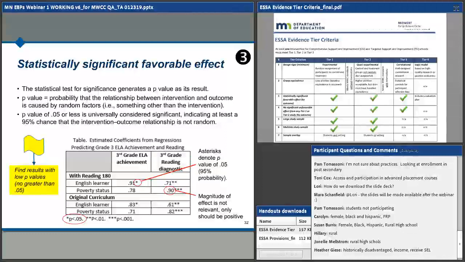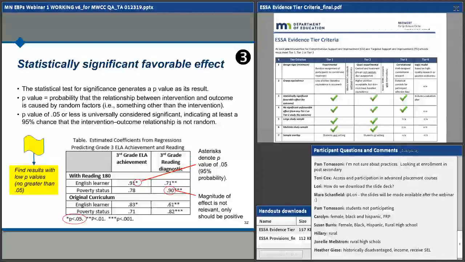So when you see multiple asterisks, you know that you're increasing in statistical significance. So looking at 0.91, which describes the relationship between the Reading 180 intervention and third grade ELA achievement, we know that there's a positive impact because this number is positive, and we see that there's statistical significance because this asterisk indicates a p-value of 0.05. The 0.05 translates into a likelihood of 95%.